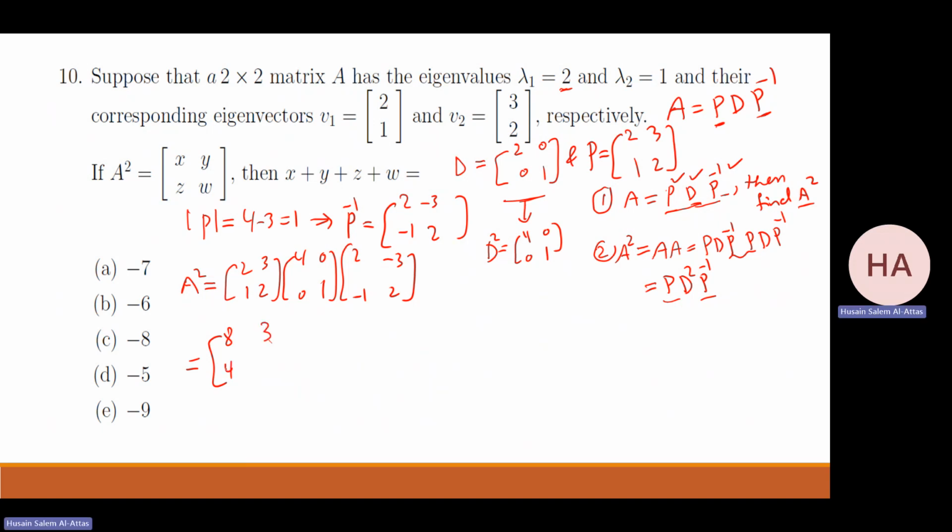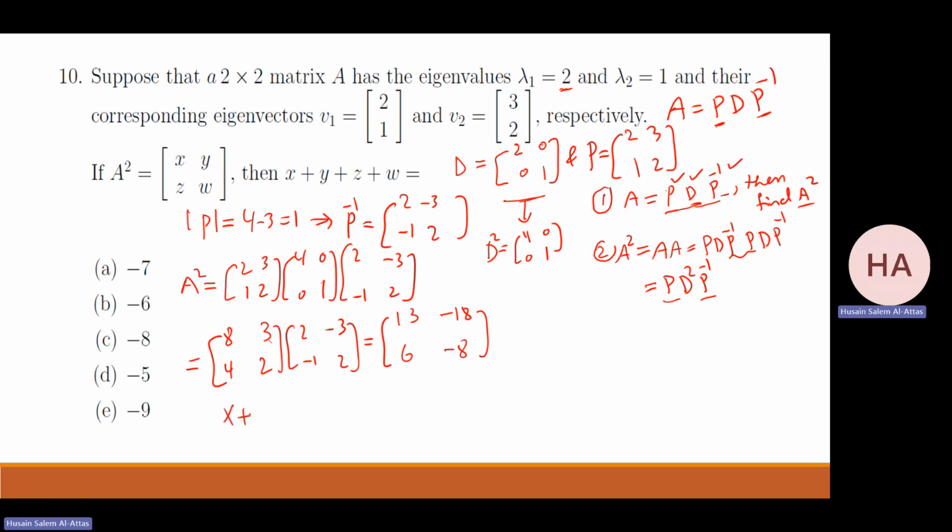That will be 4, and this will be 2. Times this. Let me see what will be the answer. This one times this, 16 minus 3, that will be 13. That will be minus 24 plus 6, that will be minus 18. 8 minus 2, that will be 6. Minus 12 plus 4, that will be minus 8.